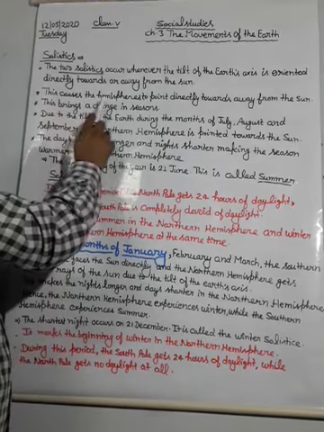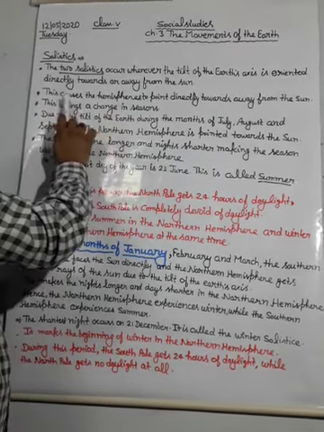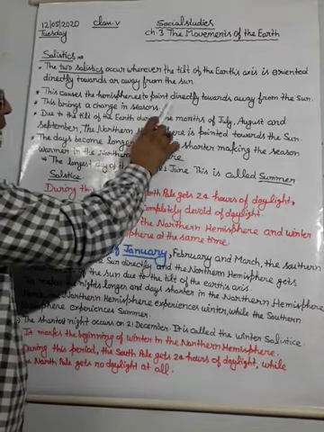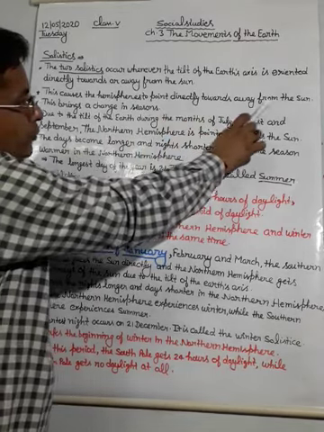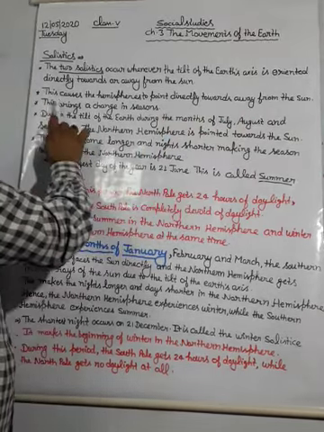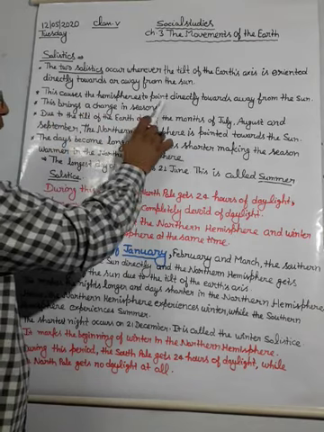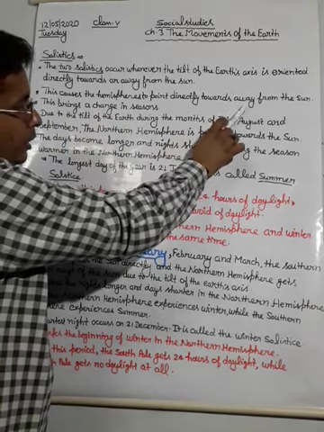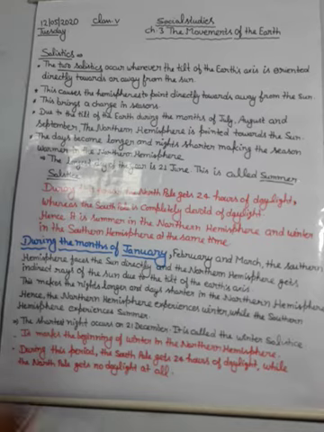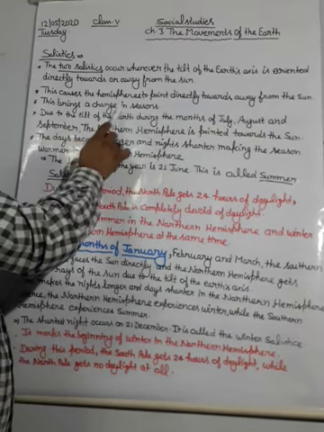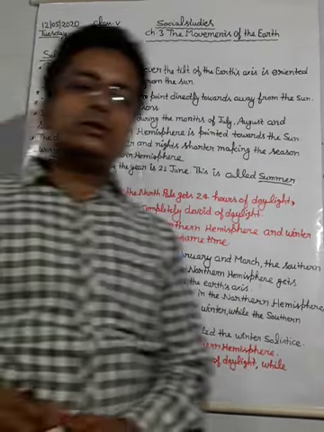This causes the hemispheres to point directly towards or away from the sun. This brings a change in season. Yes, student?